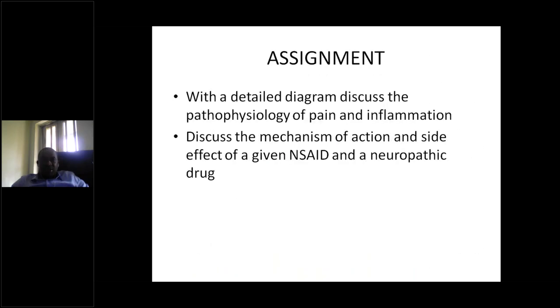The assignment: for those that came late, with a detailed diagram, discuss the pathophysiology of pain and inflammation. Number 2 is discuss the mechanism of action and side effect of a given NSAID.